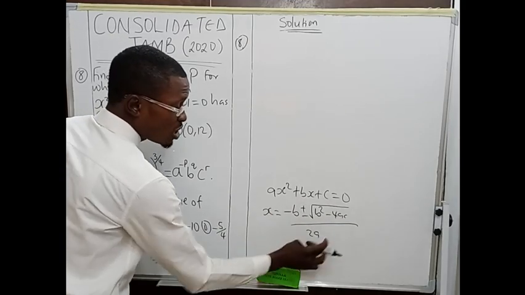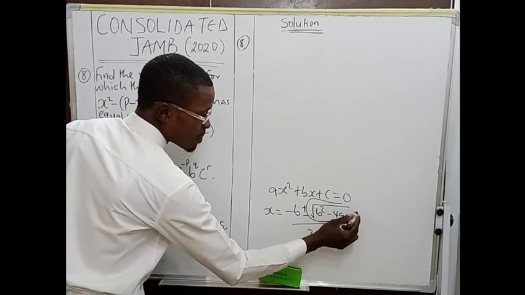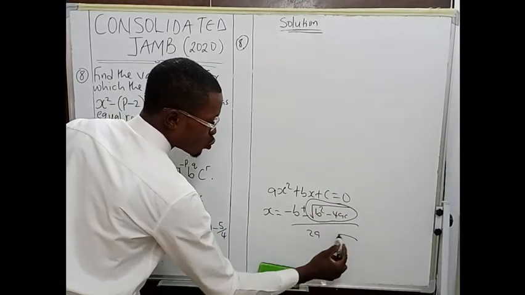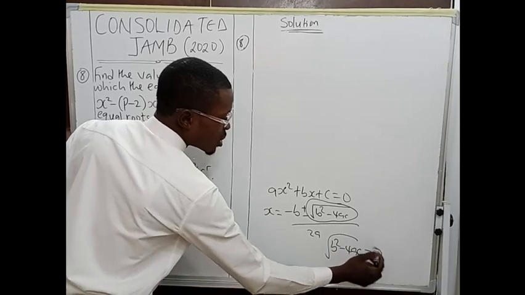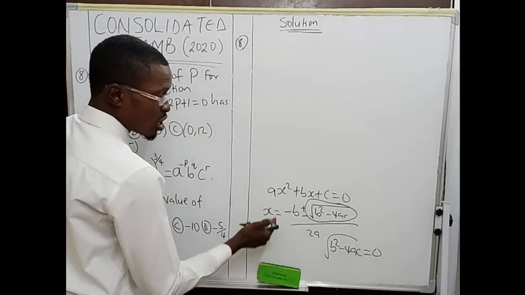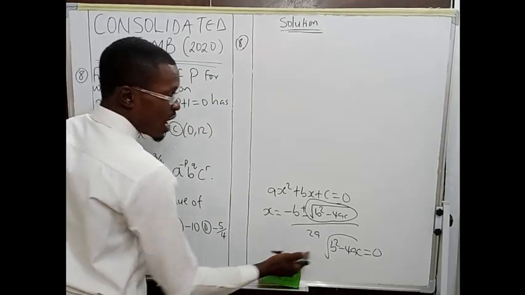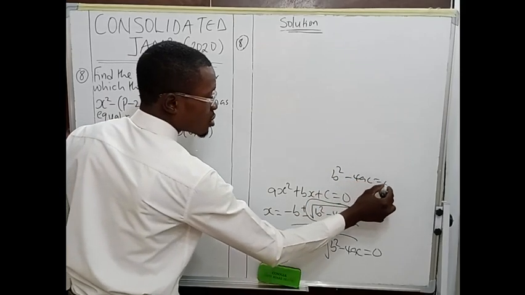Now, for the roots to be equal, it means the discriminant, this must be equal to 0. That is, the root of b squared minus 4ac must be equal to 0. If this happens, then we're going to have equal roots. And for this to be 0, it means b squared minus 4ac equals 0.